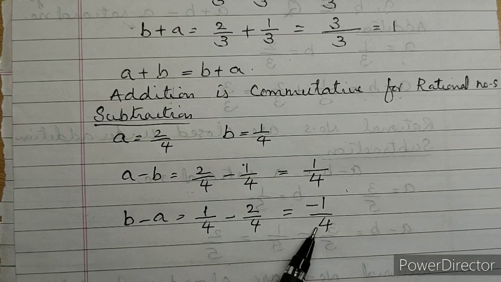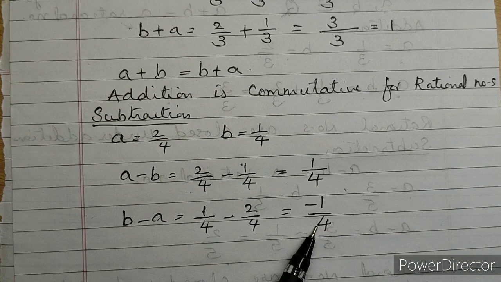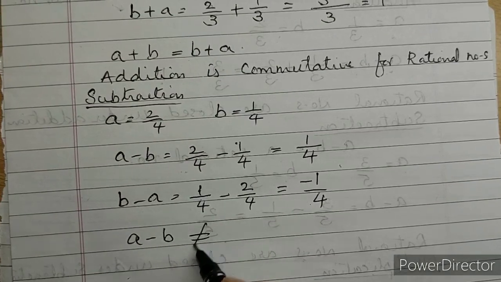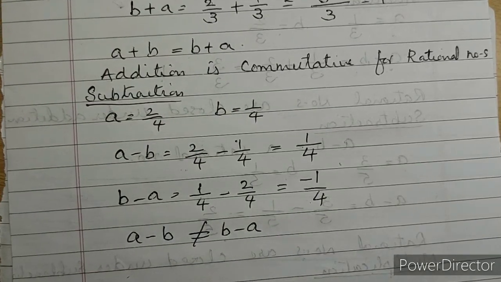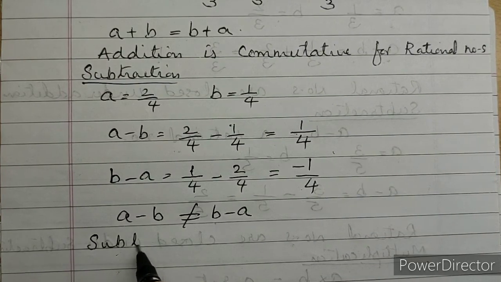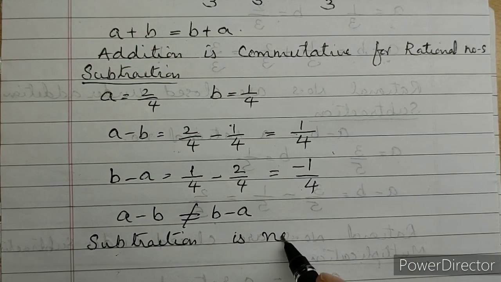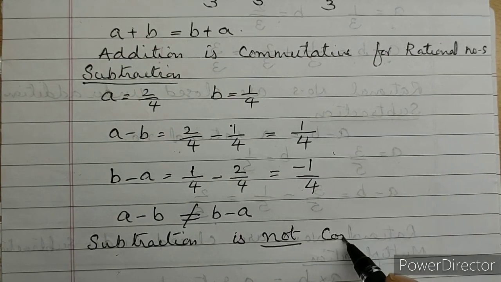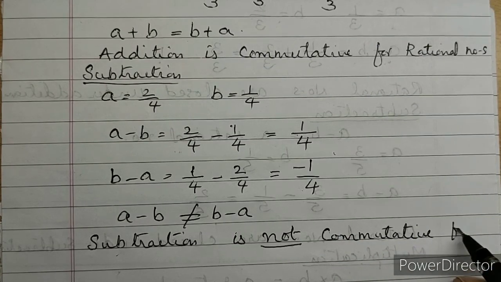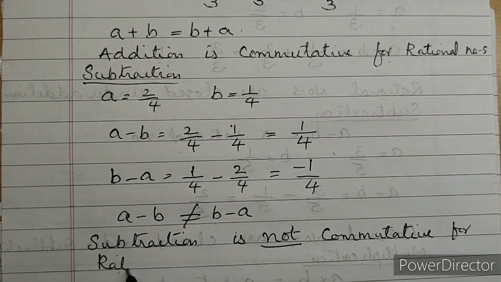Obviously 1 by 4 is not equal to minus 1 by 4. So that means a minus b is not equal to b minus a. Or what you can conclude? Subtraction is not commutative for rational numbers.